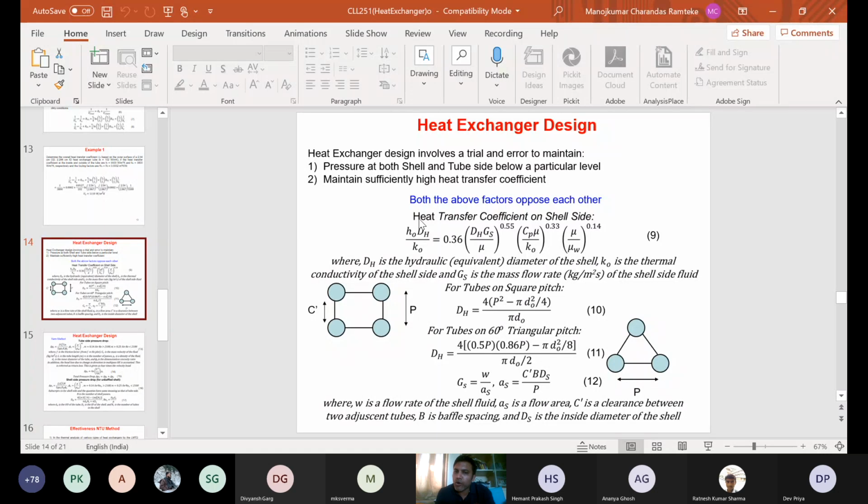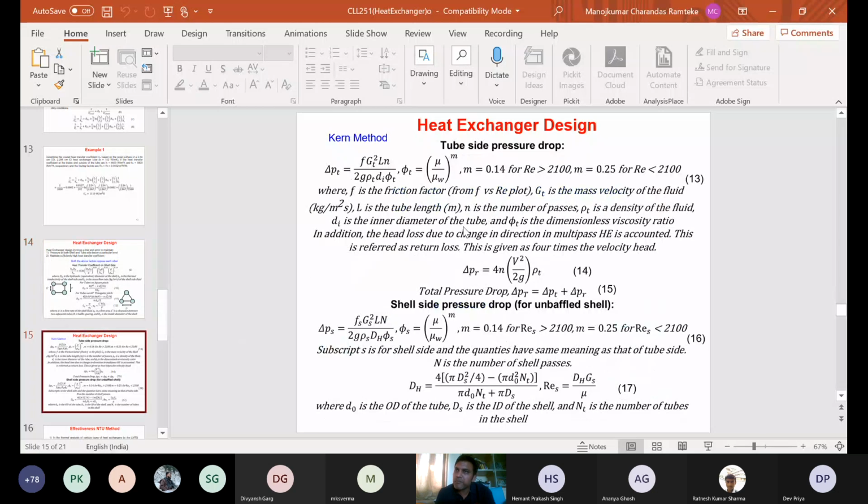First you find the tube side heat transfer coefficient and the shell side heat transfer coefficient, and based on those you calculate the overall heat transfer coefficient. Once you get it, you go back and calculate the heat transfer area, and for that area you decide whether the instrument is going to fit in the lab space or not.